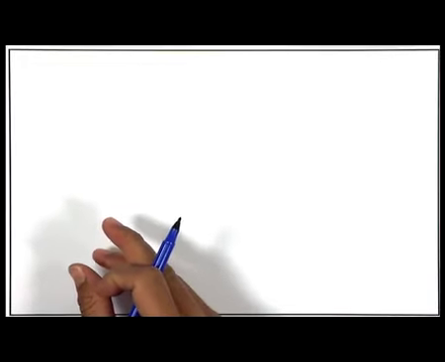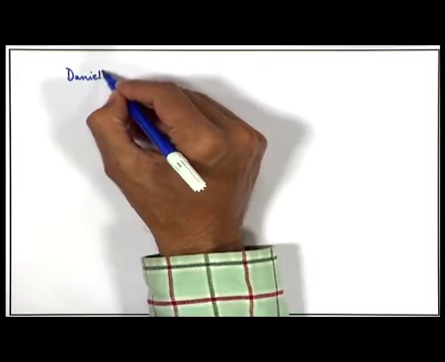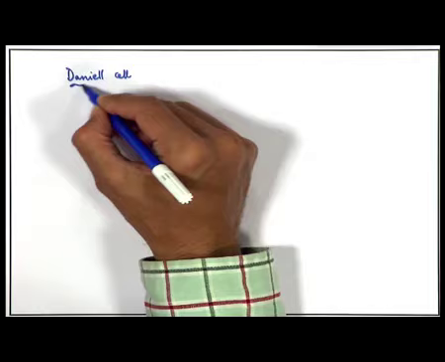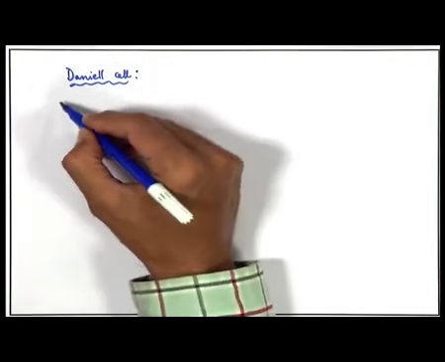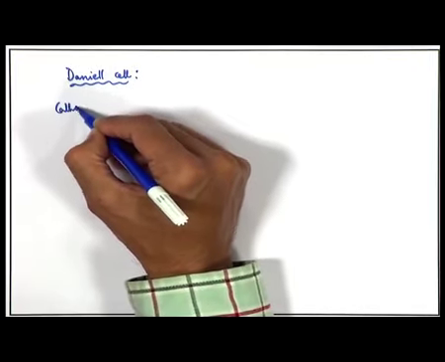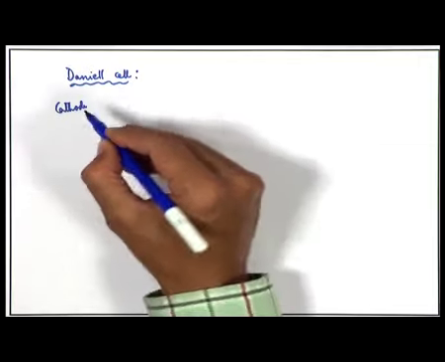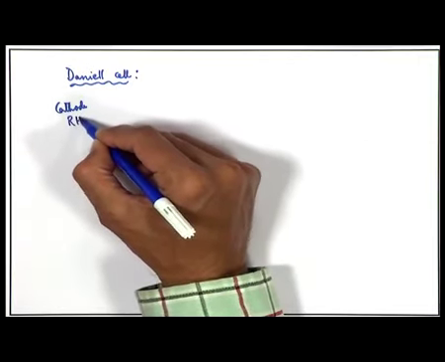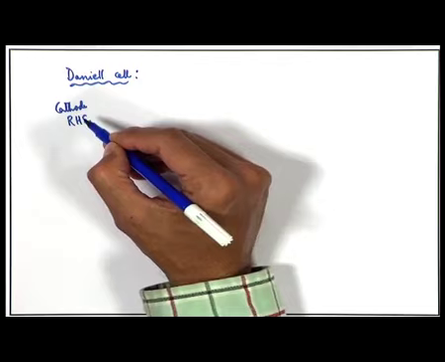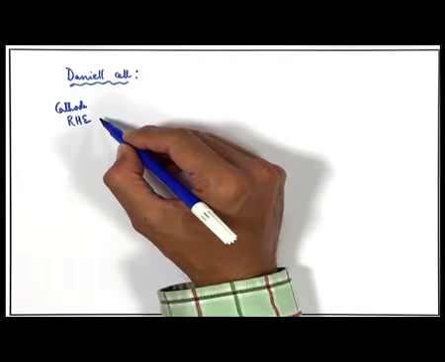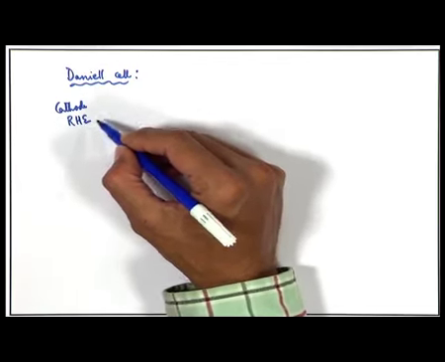Next, now for a Daniell cell, we started with the Daniell cell. So, for the Daniell cell, cathode means the right hand electrode, where reduction is taking place.